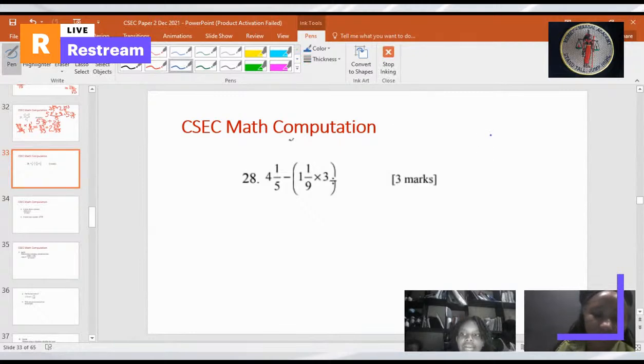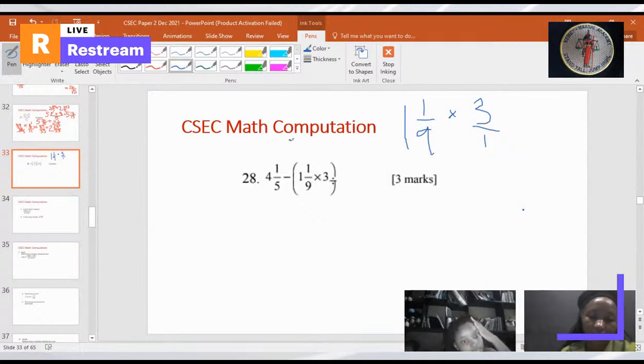What we're going to work first is the bracket. So that's 1 and 1 over 9 times 3 over 1. Basically what we're going to do is change the mixed number to an improper fraction and multiply.